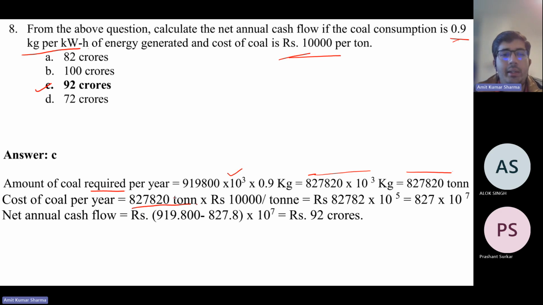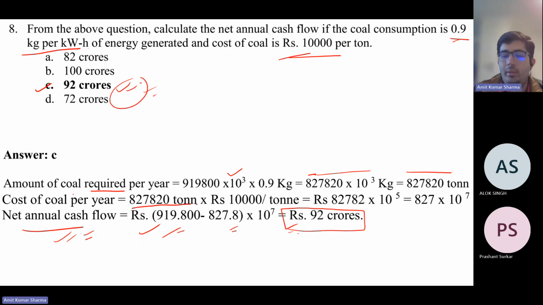So subtract your cost from this revenue, and it will be the net annual cash flow. You will get about 92 crores, like Alok said, 91 point something. So the correct answer is option C. This will be your annual cash flow. Any doubt? Anyone?